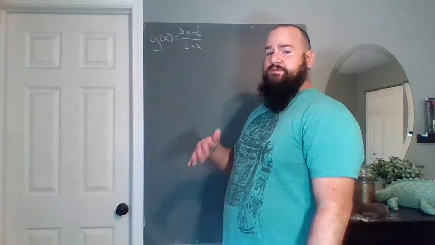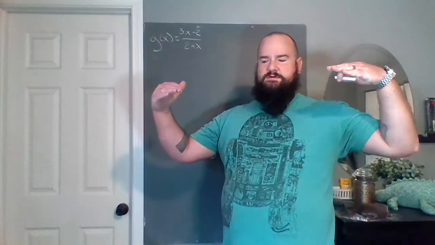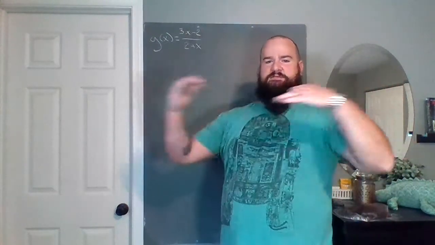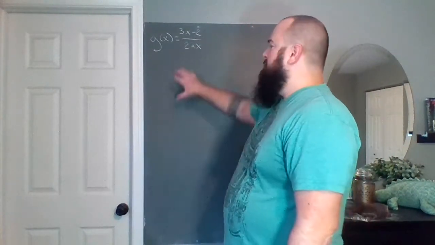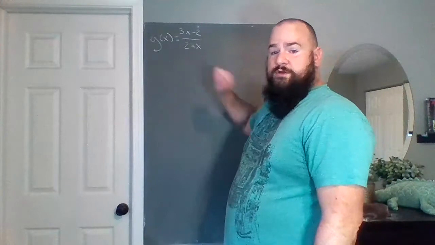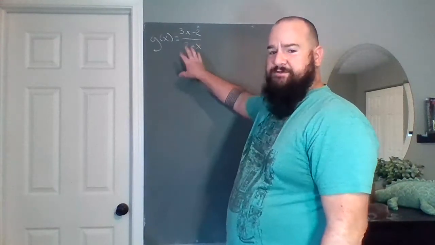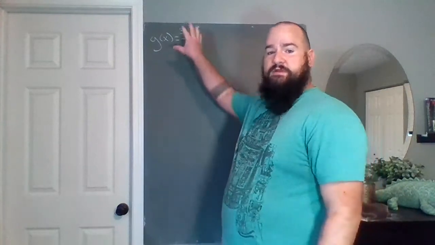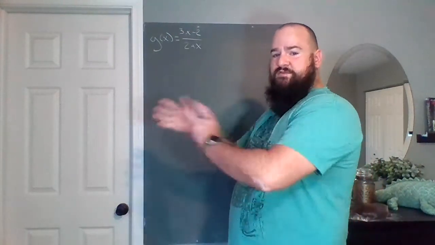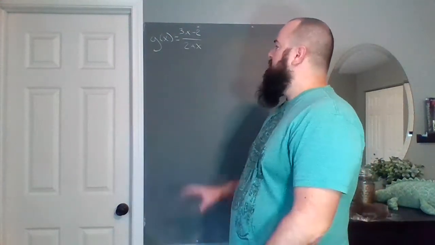It is 1-to-1. The graph does one of these sorts of things, so it's still going to pass the horizontal line test and the vertical line test. This is going to be one of the hardest algebraic things you do this entire term. When I say algebraic, I mean the manipulation of variables and numbers, moving them on sides of equal signs.